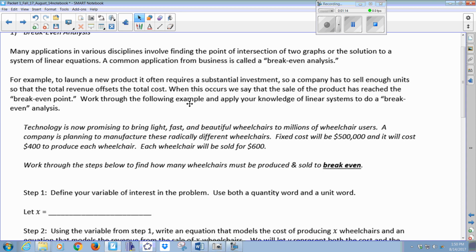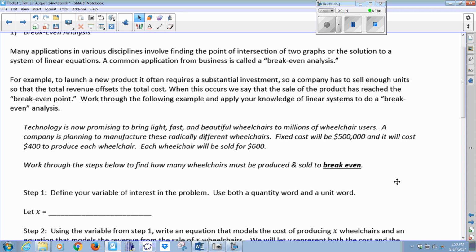They want the revenue that they take in to offset the total cost and then start producing more revenue instead of cost so that they then make what we call a profit. So when the company has produced and sold the number of items so that the total revenue offsets the total cost, we call this the break-even point.